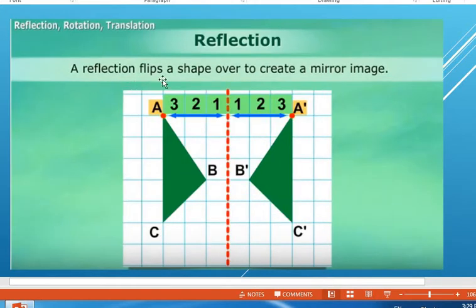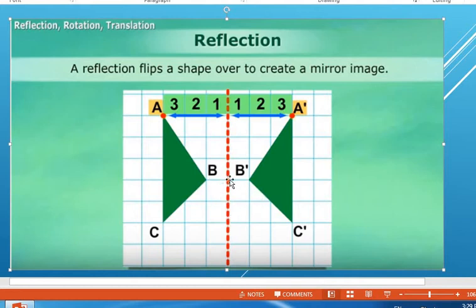A reflection flips a shape over to create a mirror image. As we know, the distance here must be the same. I have here 1, 2, 3, and here also 1, 2, 3 between A and the dotted line, and between A dash and the dotted line.